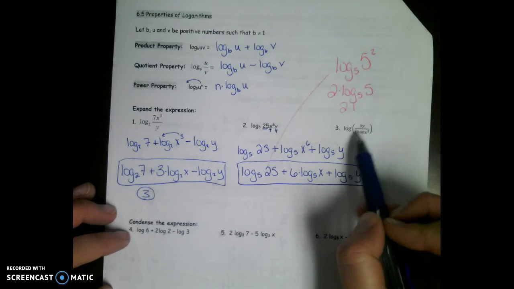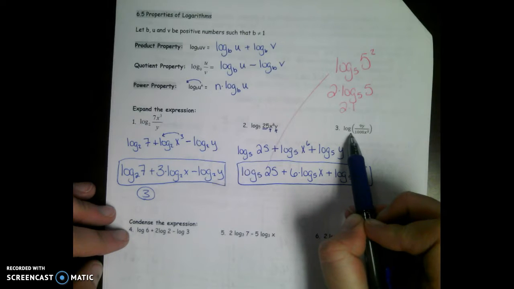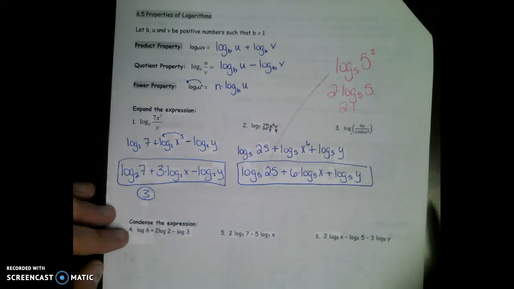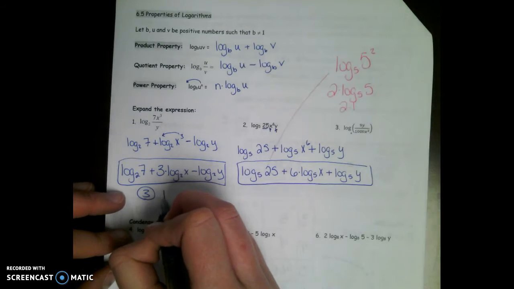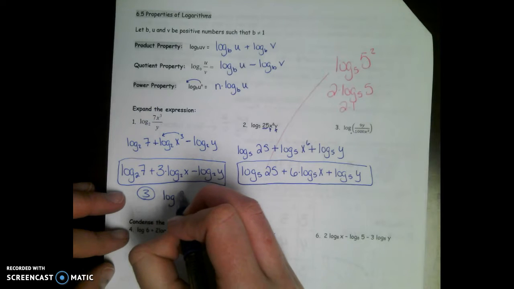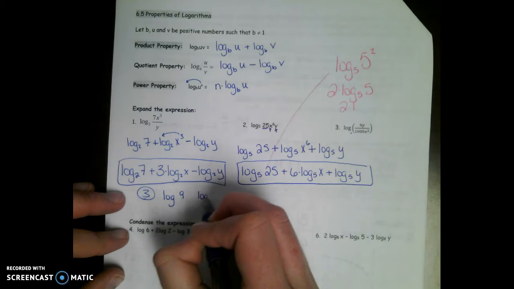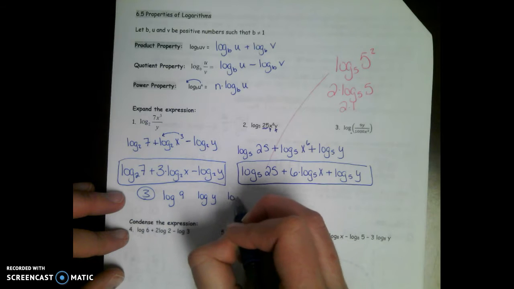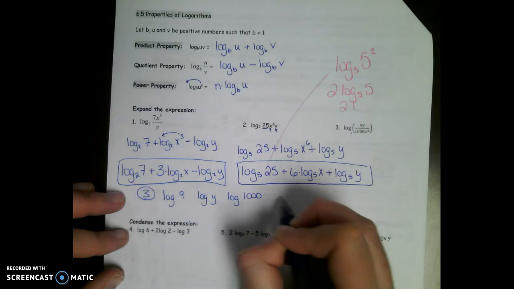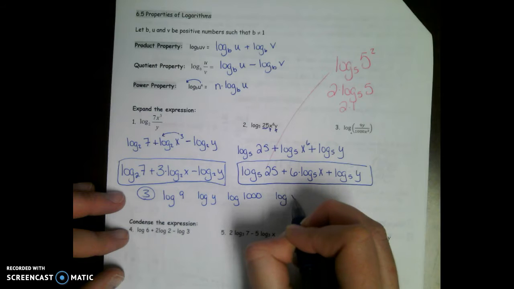So there are 4 things in here. What base does this log have? No base, which means base 10. We don't need to write that, so don't bother writing it. Log of 9, log of y, log of 1000, and log of x squared.